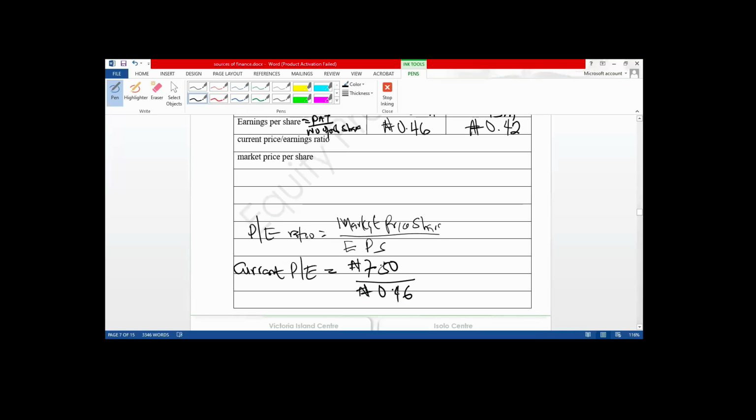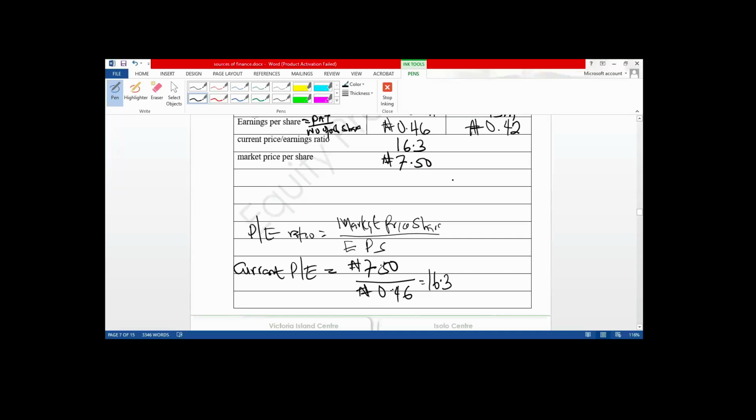Please compute the current price earning ratio. 16.3. This is currently 16.3. Market price per share currently is 7.50 naira.